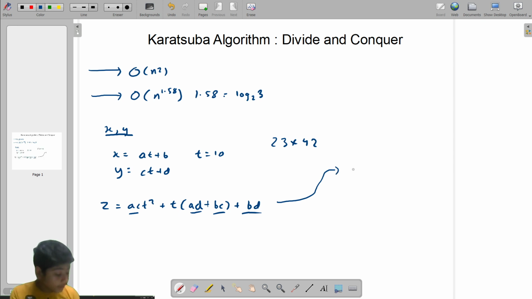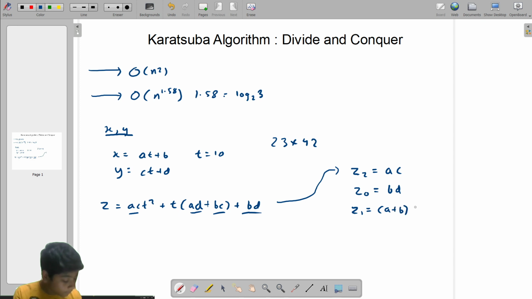Yes, if I consider z2, that is the t squared coefficient, it is ac. Now z0 is bd. But we can write z1 in a very good fashion: a plus b multiplied by c plus d.